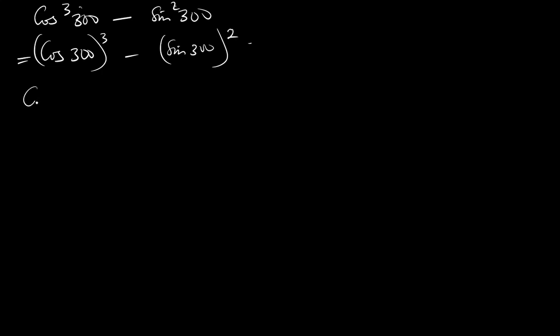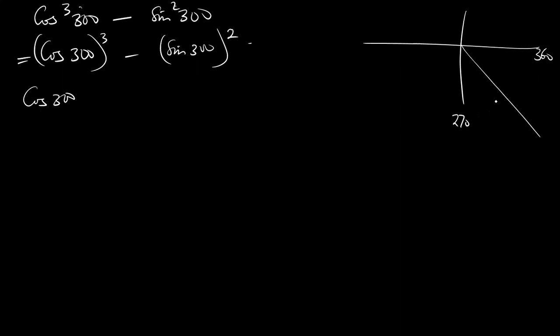Now cos 300, we check the quadrants. Now 300 is more than 270 but less than 360, so it falls on what? On the fourth quadrant. And on the fourth quadrant, cos is positive.